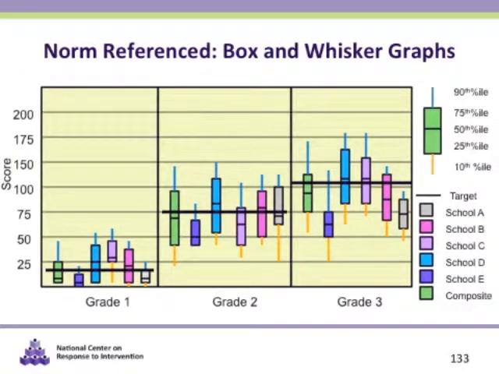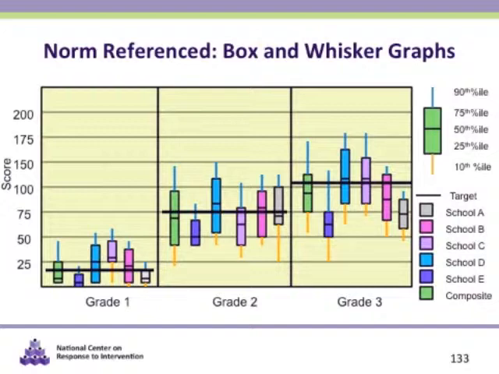So districts could use data presented in this manner to compare schools at different grade levels and answer questions about effectiveness. For example, is the primary prevention working for most students in the schools? Districts can also use this type of data to make decisions about resource allocation.